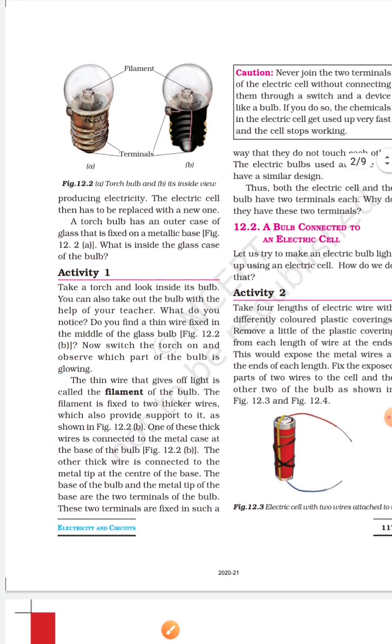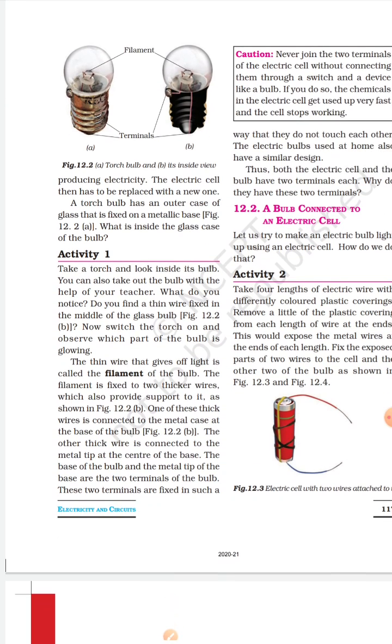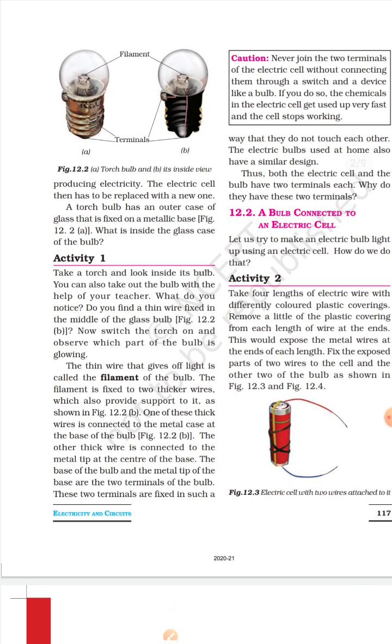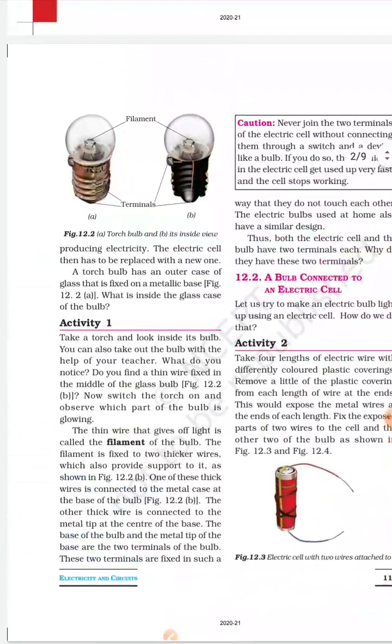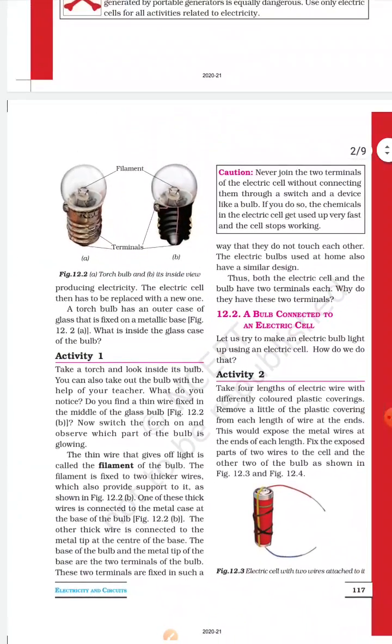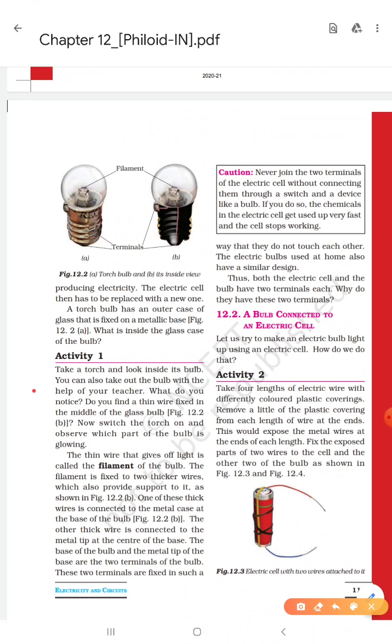Now we have some activities related to it. According to the activities we will know so many things about the electric bulb and a number of other things. In activity number 1 you can see here: take a torch and look inside its bulb. If you have a bulb also you can go through that.